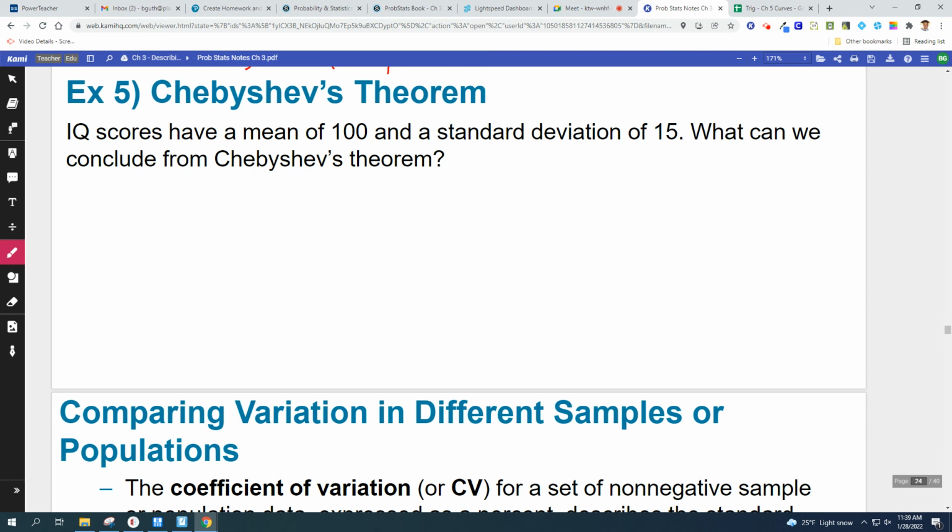So IQ scores have a mean of 100 and a standard deviation of 15. What can we conclude from Chebyshev's theorem? I'm not going to draw that bell-shaped distribution this time, but I am going to start off with a number line. If I add 15 or subtract 15, that's 1 standard deviation. For 2 standard deviations, let's add another 15 or subtract another 15.